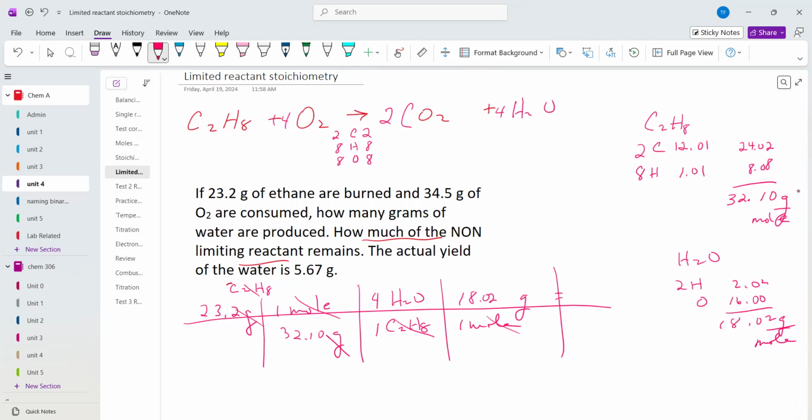Okay, this will give us, if we only were working with ethane, how much water would be produced?